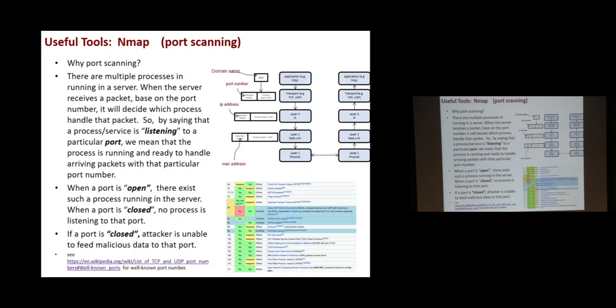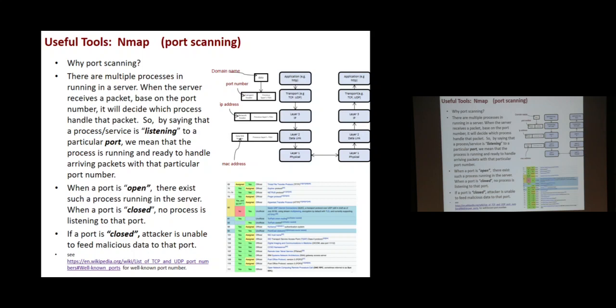Because of this, popular services have some predefined port numbers that everyone knows. For example, HTTP will be port 80, so it's fixed. So Alice found out from Bob's domain name the IP address, then she doesn't have to figure out the port number. The port number for HTTP is 80, so put in 80 and send.